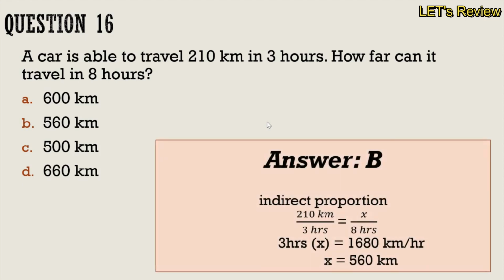The answer is B. We use direct proportion, where 210 kilometers over 3 hours is equal to x over 8 hours. Cross multiplication, 3 hours times x is equal to 1,680 km per hour. So we have x is equal to 560 kilometers.